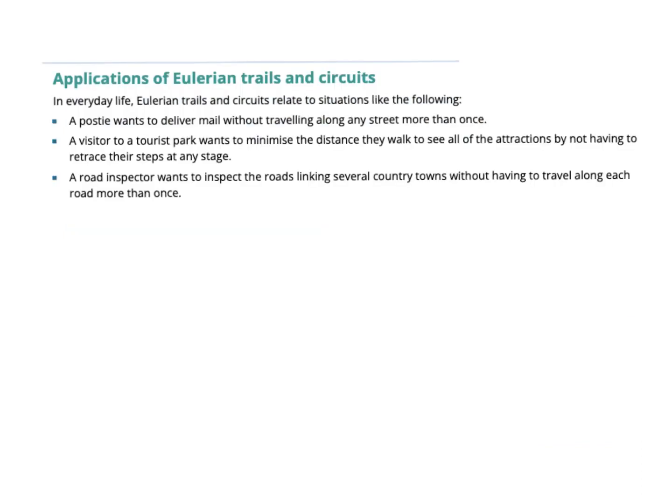So this page is pretty important because of what you'll see in an exam or a test. We won't tell you that you're doing a Eulerian trail, or we might not suggest it. What they'll say is they'll use a practical application. So they might say the postie wants to deliver the mail and he doesn't want to travel along the street more than once.